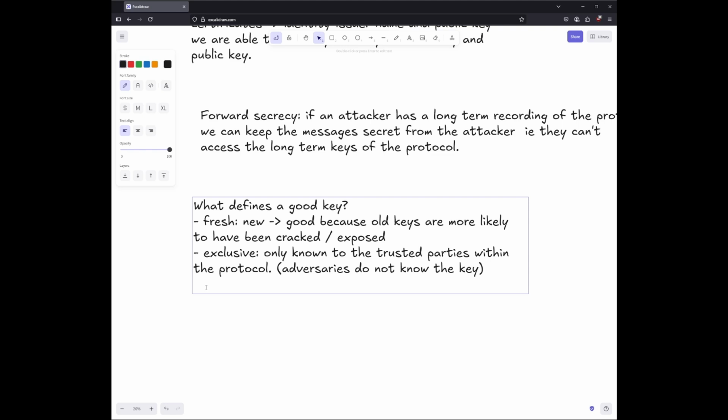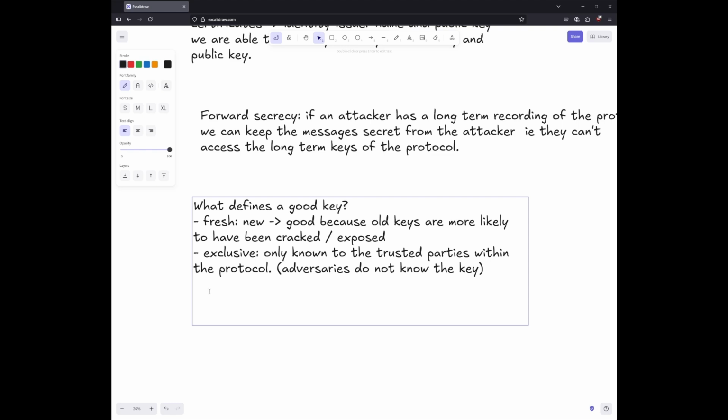This allows us to prevent reverse engineering of the key and getting access to the messages that someone may have used.